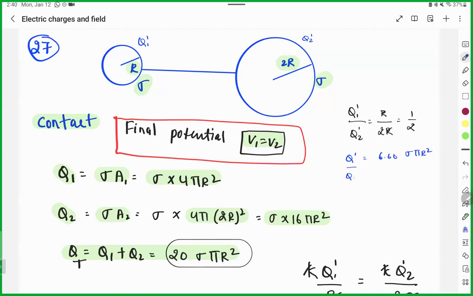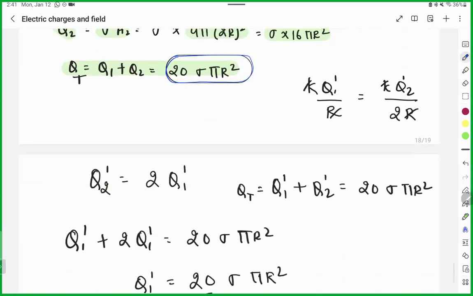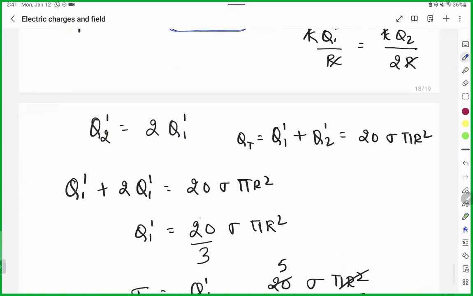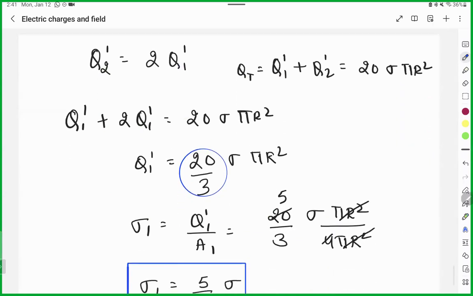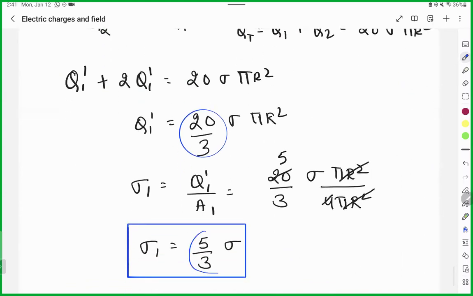Then the other value will be 13.34, something like that, 32 sigma pi r square. Why did I write it like this? Because you have ratio 1 to ratio 2. Now you calculated the charge, you can calculate density. If the first charge is 20 by 3, then the second charge will be 5 by 3.